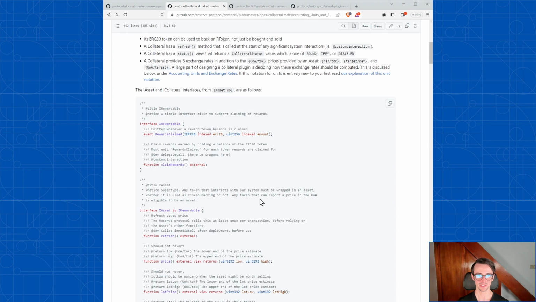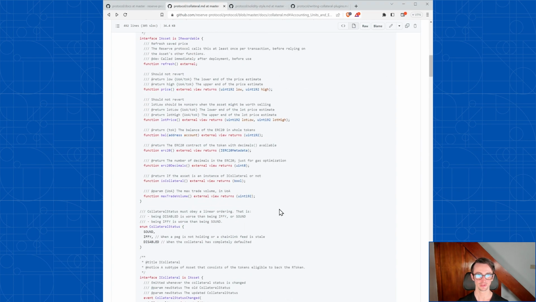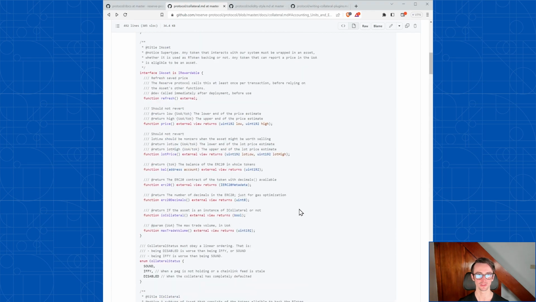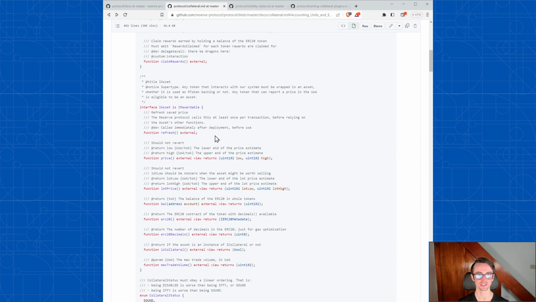I'll leave this up because the interface is useful. I'm not going to read through everything. I'm just going to give you the rough form of the thing. So the rough form is you have a single mutator function, okay? Single mutator is called refresh. Everything that needs to go do some state update in either this contract or some underlying DeFi protocol has to happen in this function.